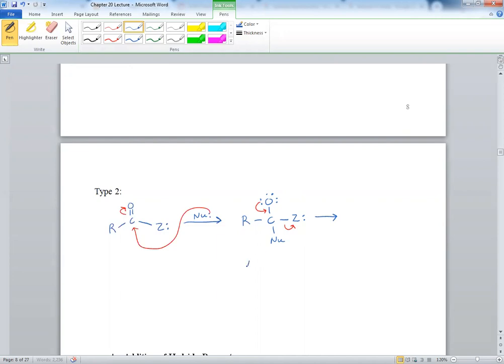What if the identity of the nucleophile was an H minus or an R? What would happen? What kind of compound would you form at this point? You would form an aldehyde or a ketone. So if I had the nucleophile as R, then that would be a ketone. If I had it as H, then that would be an aldehyde. So aldehyde or a ketone.